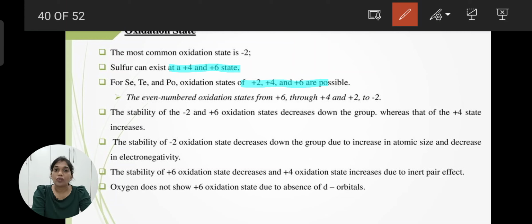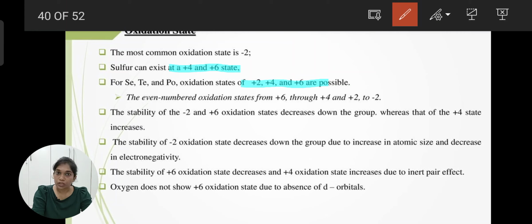Now oxygen does not show +6 oxidation state due to absence of d orbital. We know that in oxygen family or chalcogens family, oxygen is the first member of the family and it does not contain d orbital. It is very small in size. That's why its electron affinity is also low as compared to other elements.